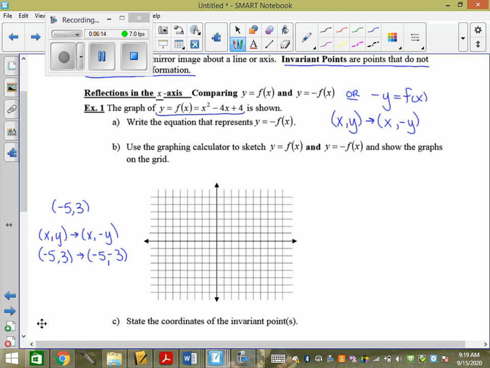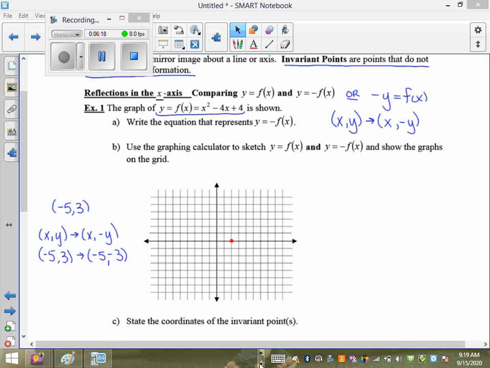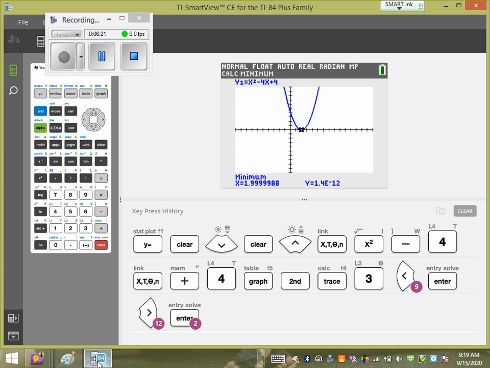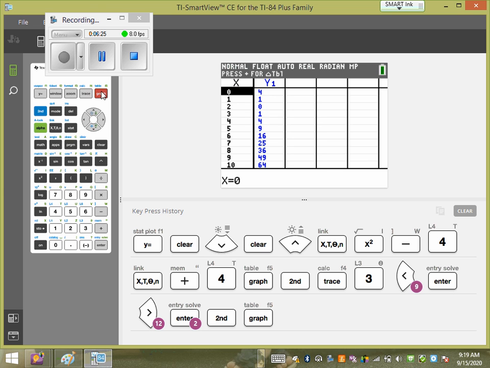So I'm at 2 and 0. Then I can go second graph, and I find 2, 0. That's my vertex. And I take points on both sides of it, right? Work my way out. So I have 1, 1, 3, 1, 0, 4, 4, 4.